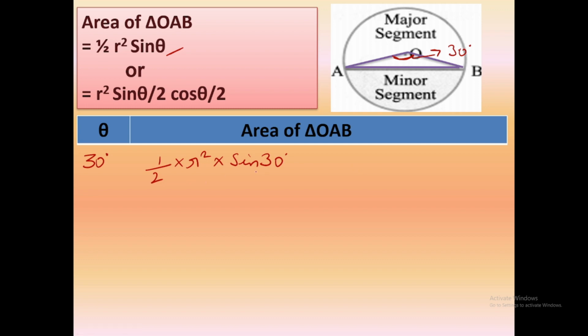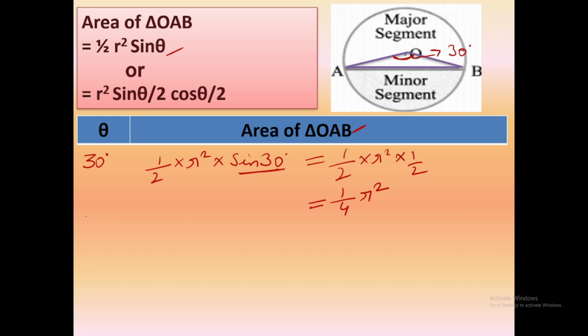So in place of sine 30 we will write half, that is half into r square into half, that is 1 upon 4 r square. So when theta is 30, in that case, area of triangle AOB will be equal to 1 upon 4 r square.